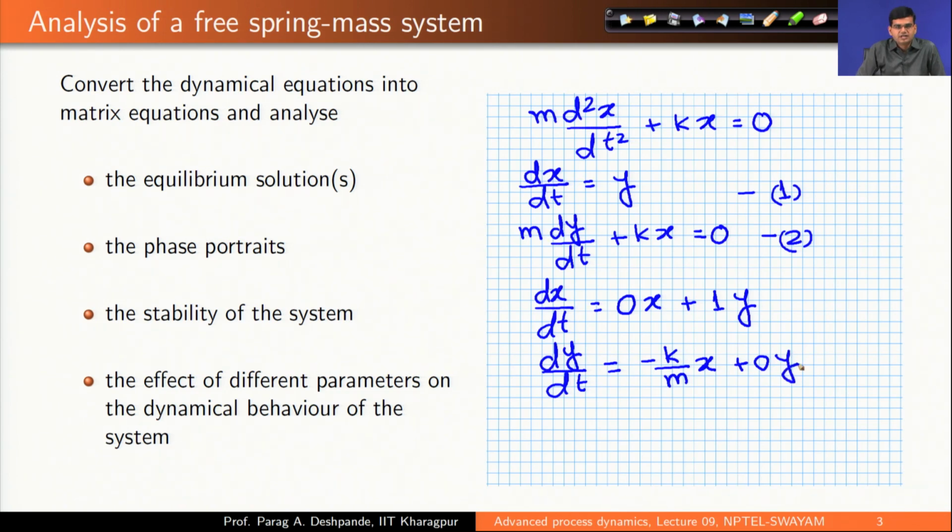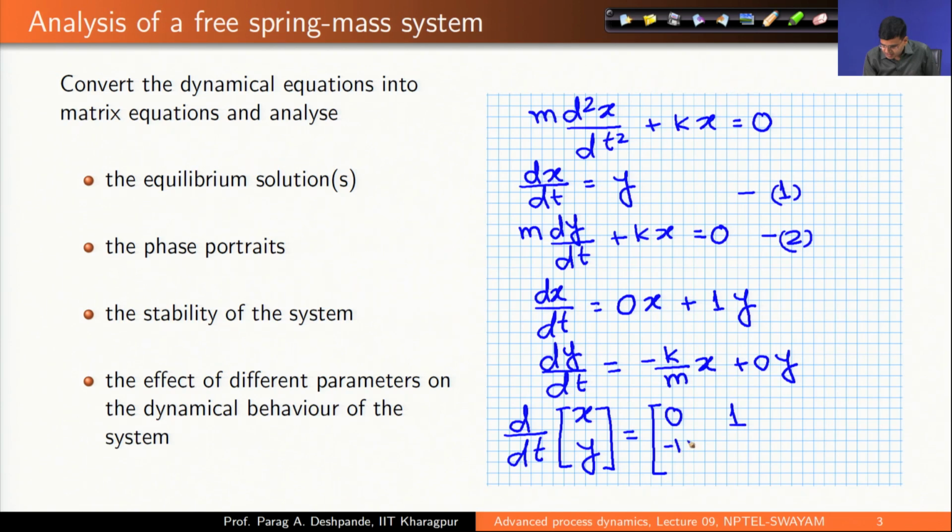So, I have converted my second order equation to two first order equations, and how will I convert it to a matrix equation? I can write d by dt of my dynamical variable (x, y) is equal to the matrix 0, 1, minus k by m, 0 times the dynamical variable (x, y) again. So, I have converted my equation to a matrix equation.